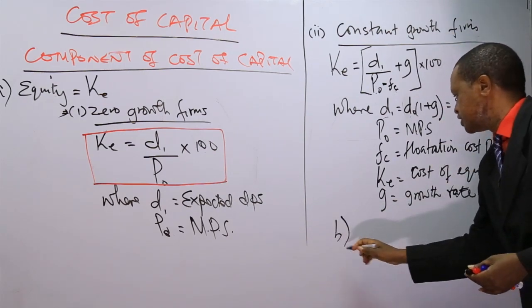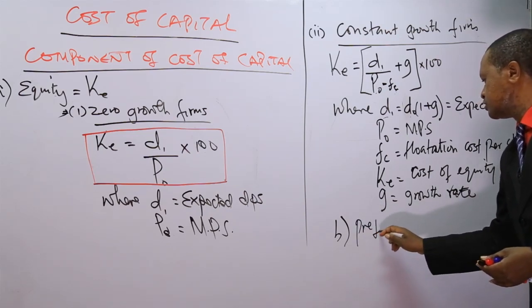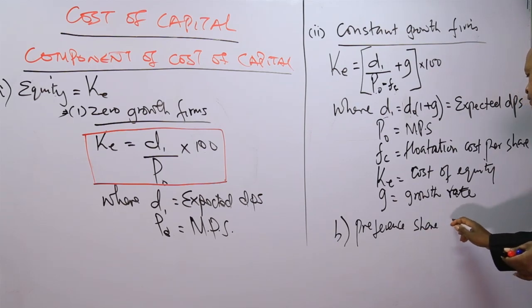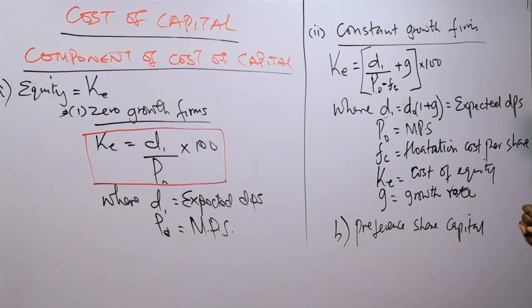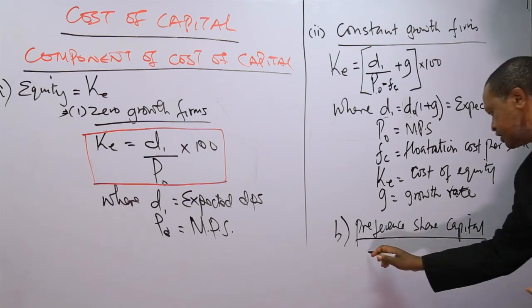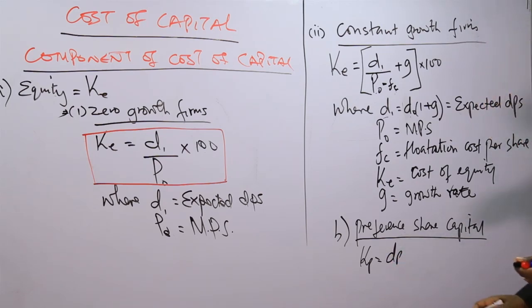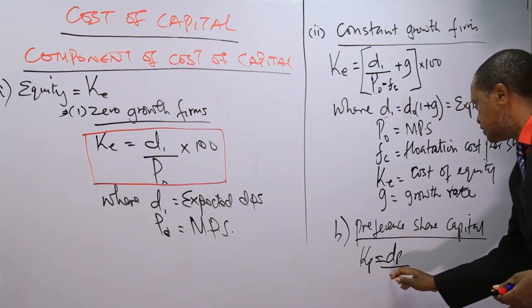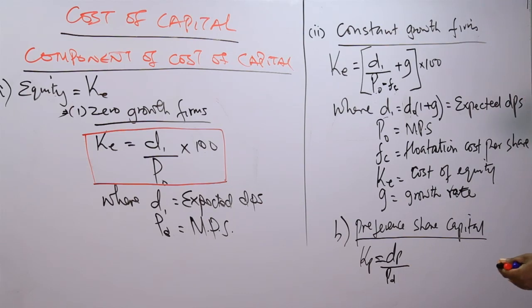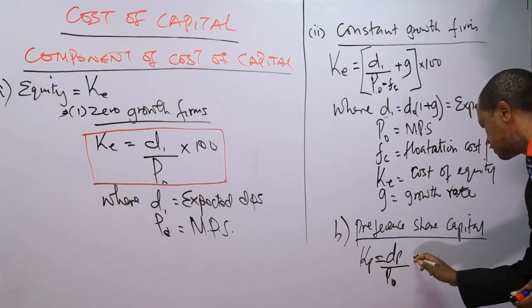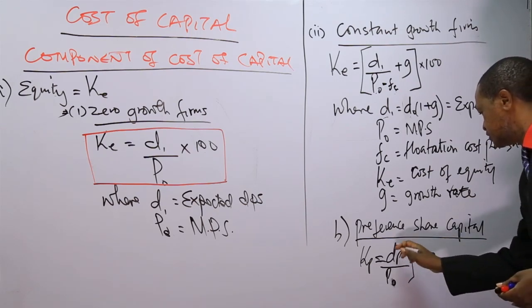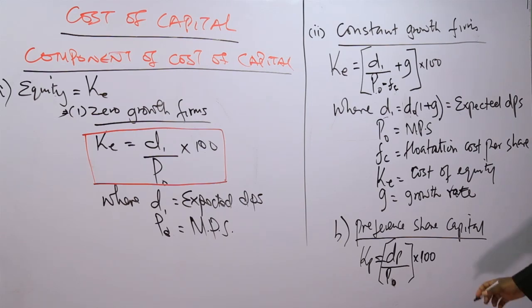Number B is the cost of preference share capital, denoted as KP, which should be equal to DP over P naught times 100, to convert that into percentage, where DP is equal to dividend per share.